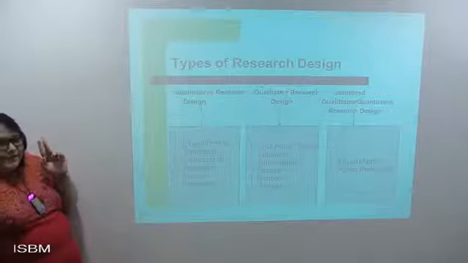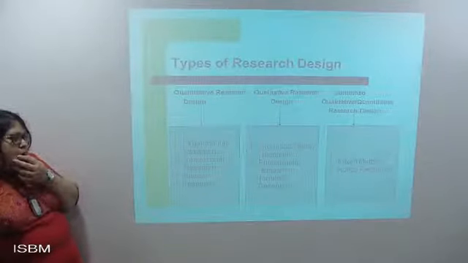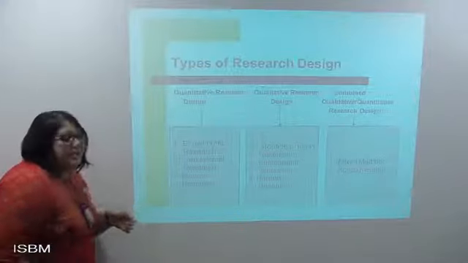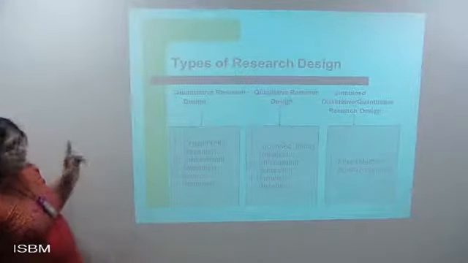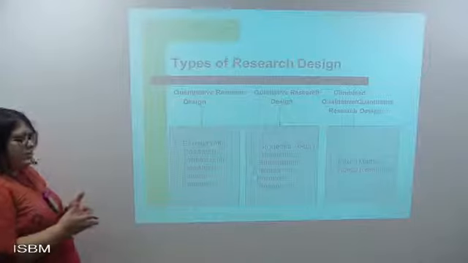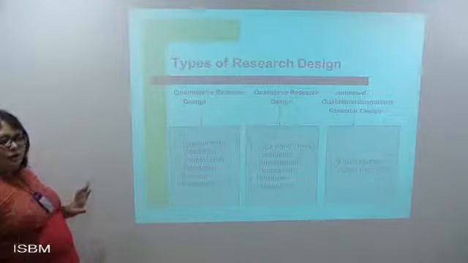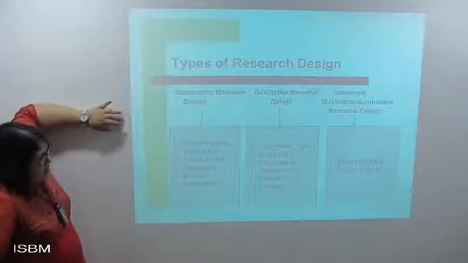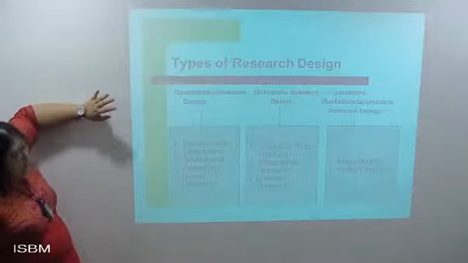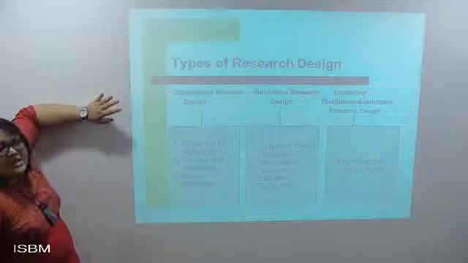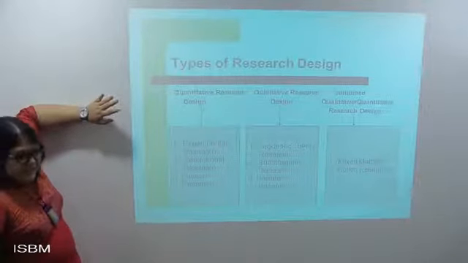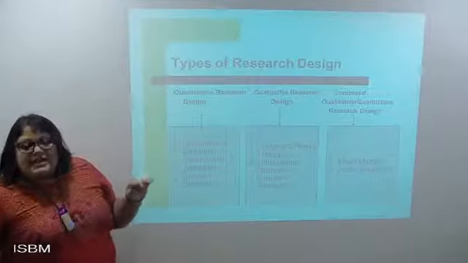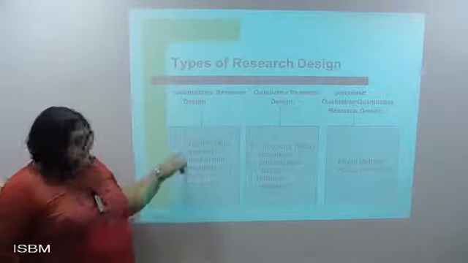For example, if we were to know if a particular brand of fertilizer is good for a particular plant or not, we will take the brand of the fertilizer, apply it in the sample plots, and from there we try to see the yield or the growth which takes place.